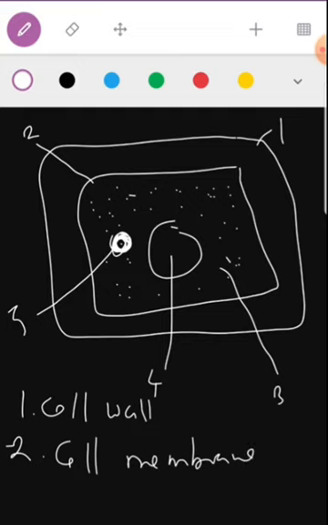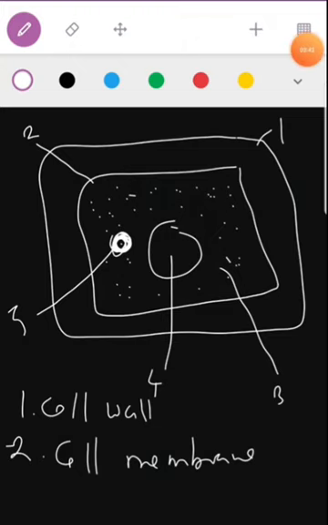Then structure 2 is the cell membrane. The cell membrane is a structure of a cell that allows some substances to enter the cell and some substances to leave the cell. It doesn't allow all the substances to enter and leave the cell.